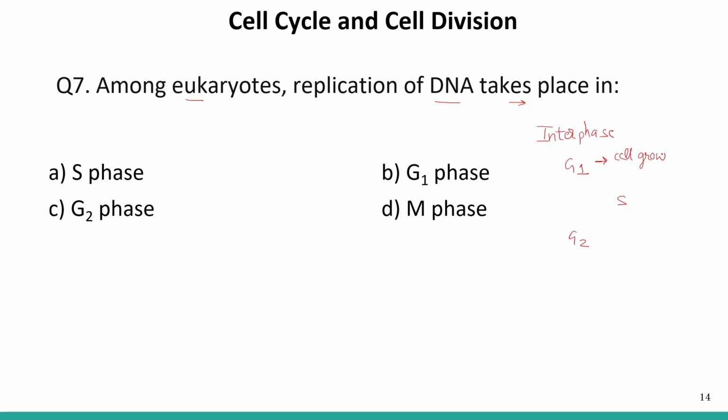The cell is metabolically active. There is production of macromolecules like carbohydrates, proteins, lipids, RNA. In S phase there is synthesis of DNA, or you can say DNA replication takes place here.